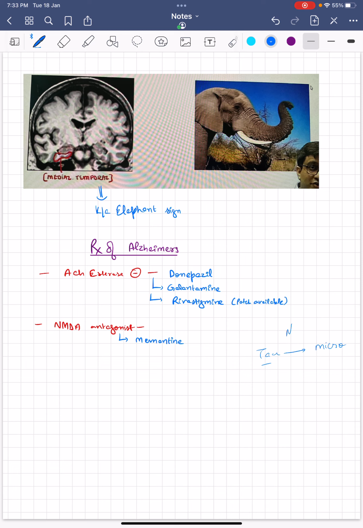In the presence of these NFTs, these tau proteins got phosphorylated, thus leading to destabilization of the microtubules, leading to neurodegeneration.